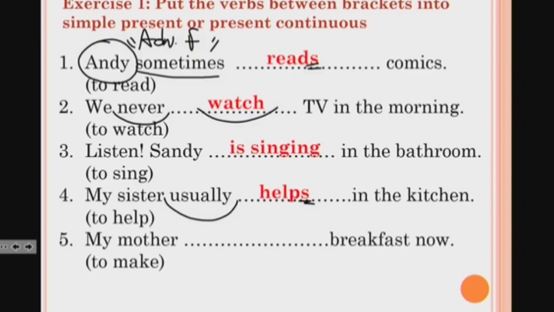My mother, breakfast now, an action that is happening now. So what do we say? My mom is making breakfast. And whenever you have now, look or listen, you need to use the present continuous.